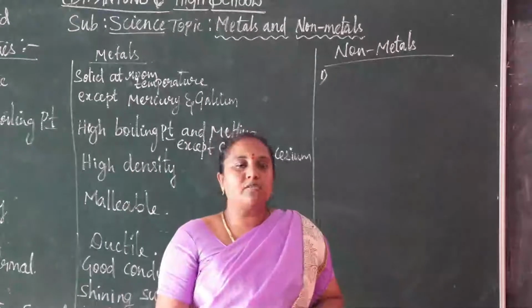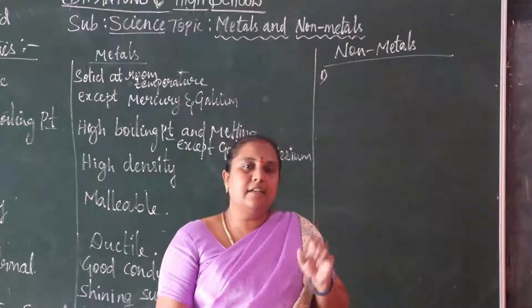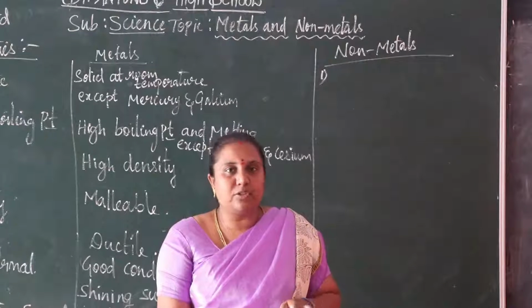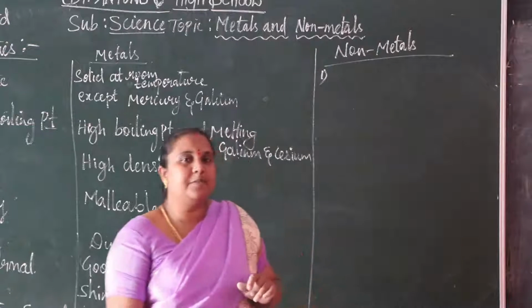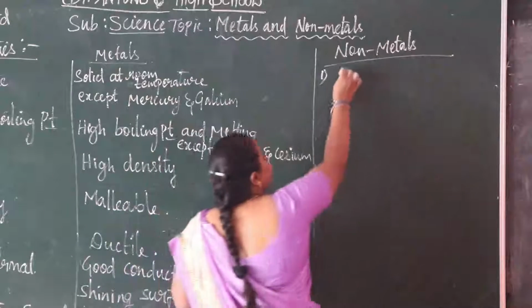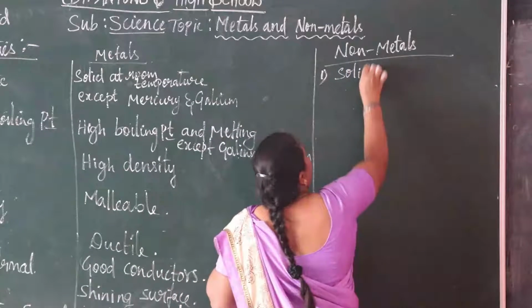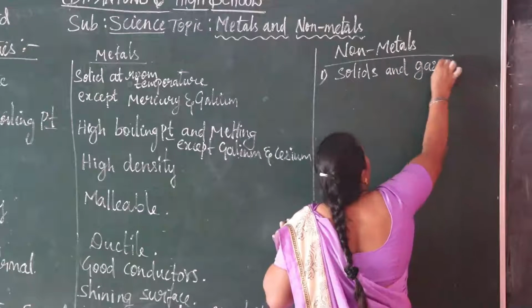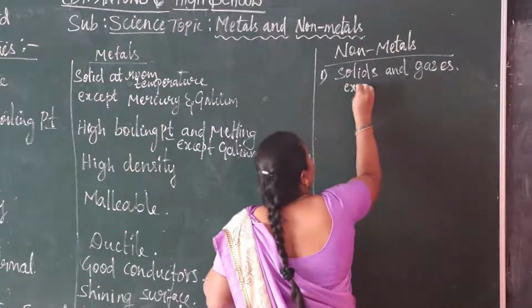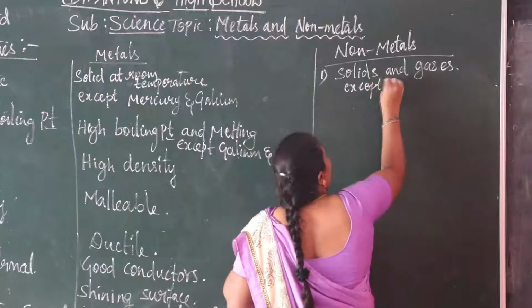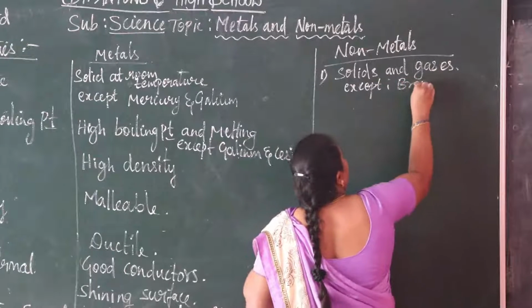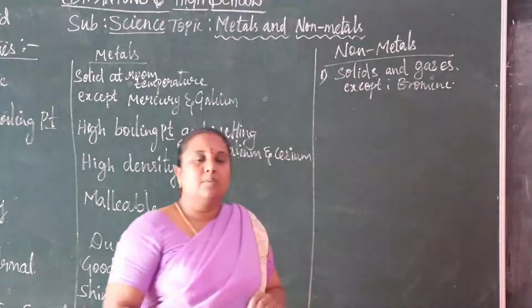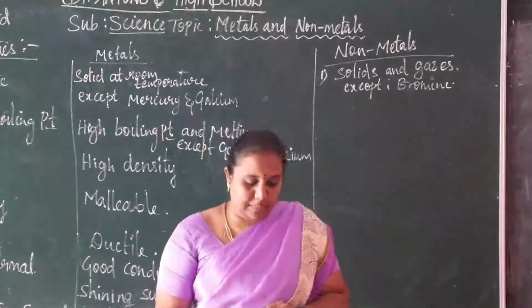Most of the non-metals are solids and gases at room temperature, except bromine. Bromine is a liquid at room temperature.